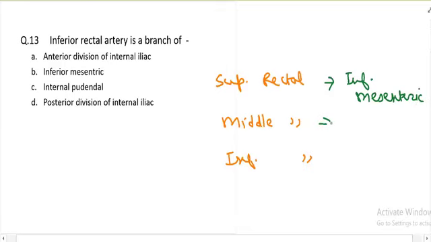Middle rectal artery is a branch of anterior division of internal iliac artery. And inferior rectal is a branch of internal pudendal artery. Internal pudendal artery, this is answer C, is correct.